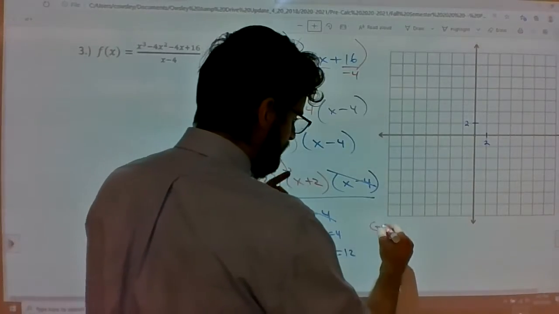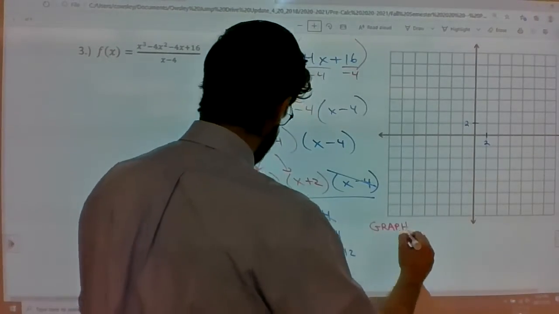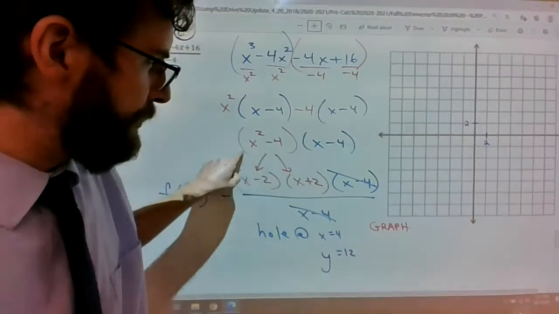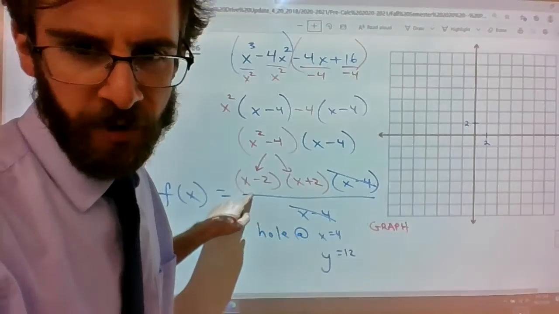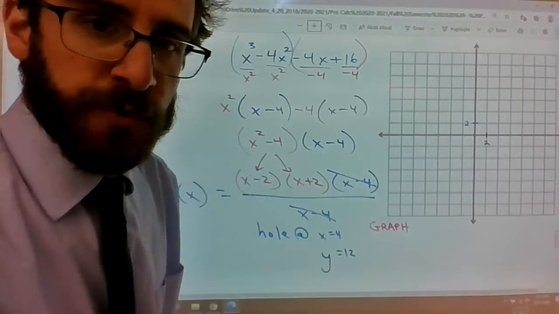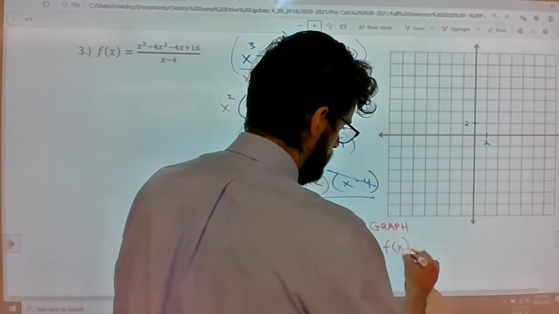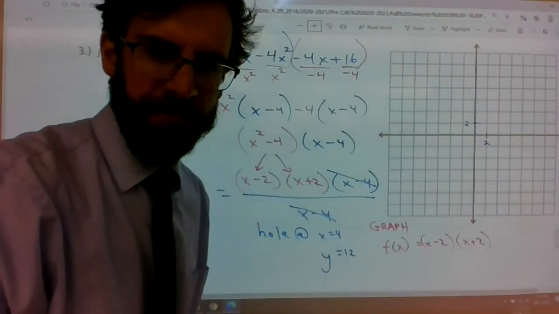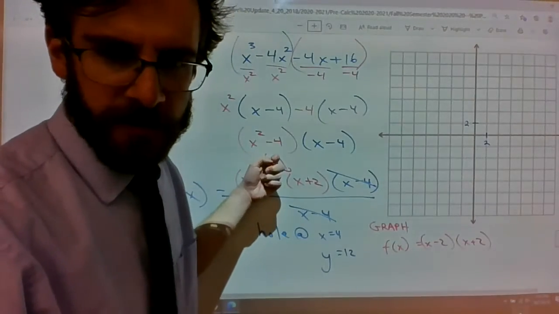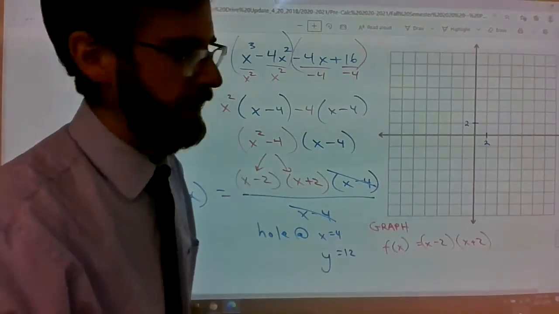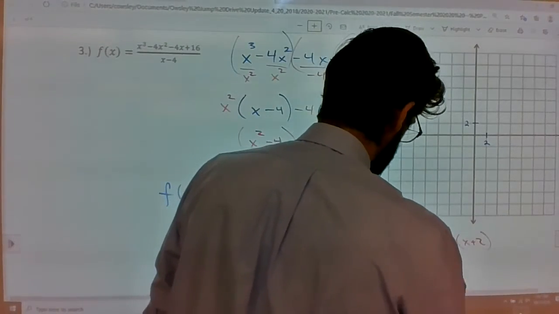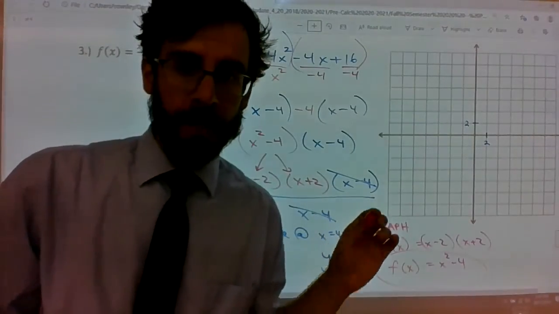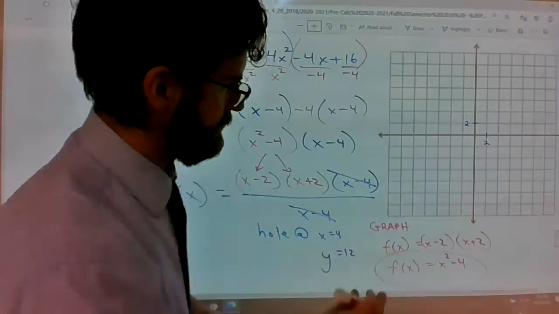So you're going to graph this. I think it's easier to graph this version of the polynomial than this version. x minus 2 times x plus 2 is what you're graphing. But we just talked about how to graph parabolas, so it makes way more sense to represent that equation with x squared minus 4. Because now you can say, it's just a regular old parabola. Shift it down 4 units.